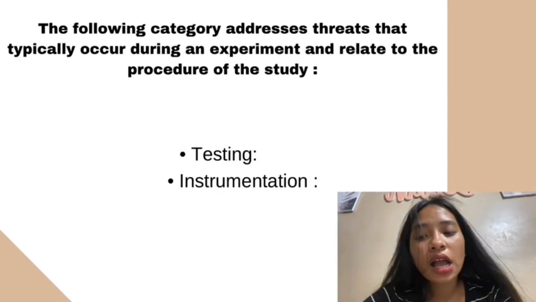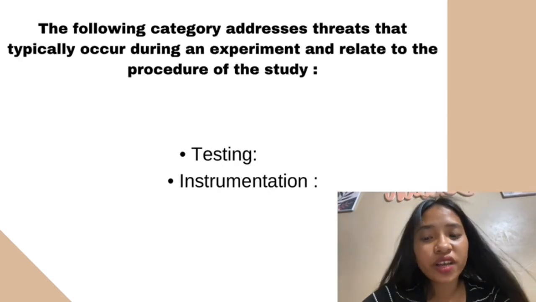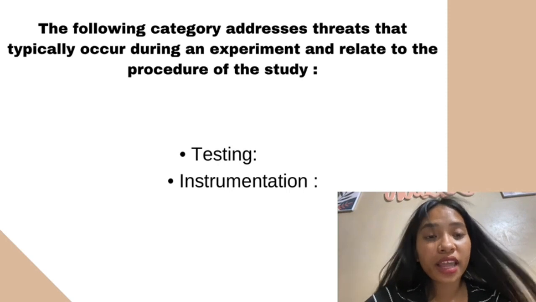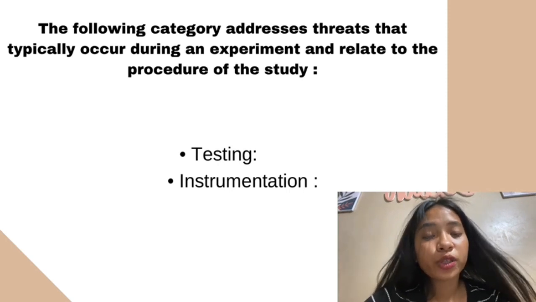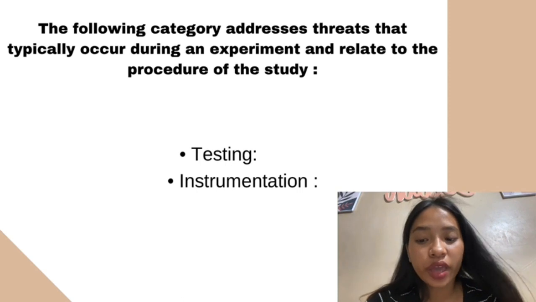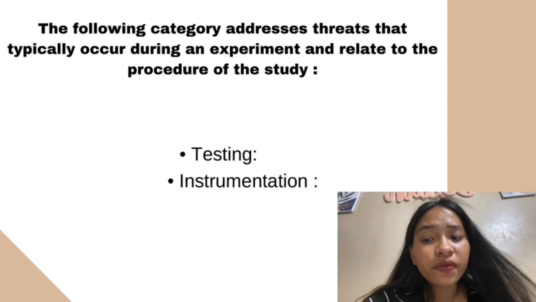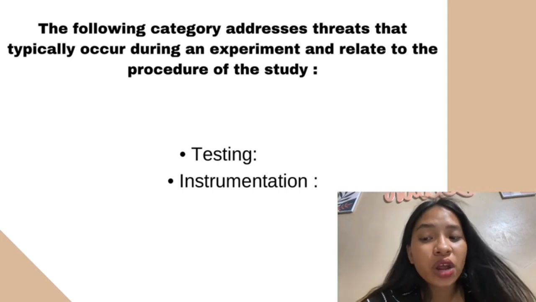So, the following category addresses threats that typically occur during the experiment and relate to the procedure of the study. So we have testing and instrumentation. So in testing, a potential threat to internal validity is that the participants may become familiar with the outcome measures and remember responses for later testing.